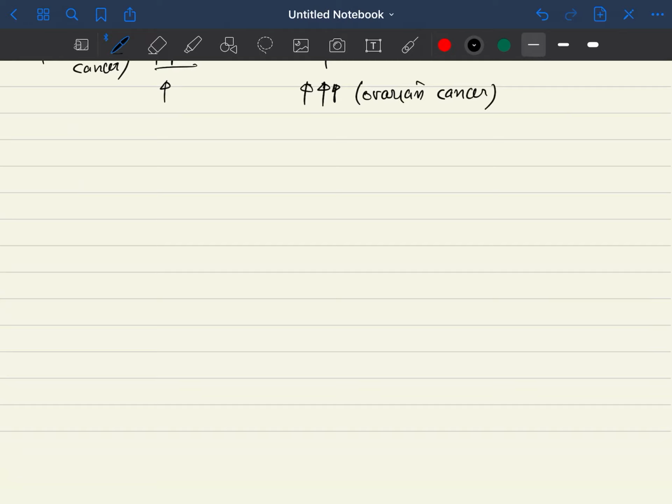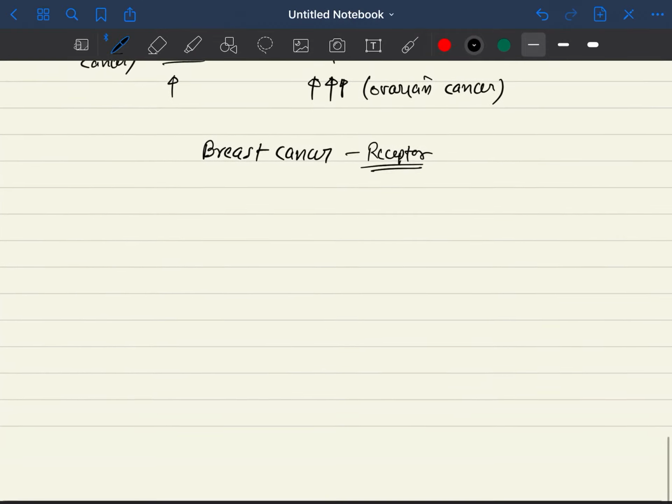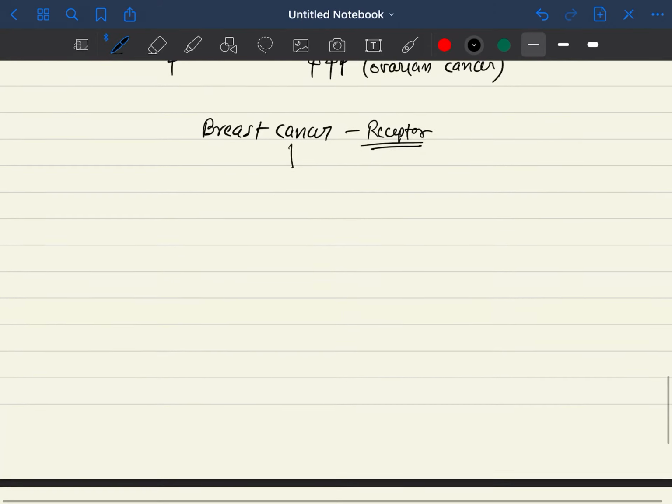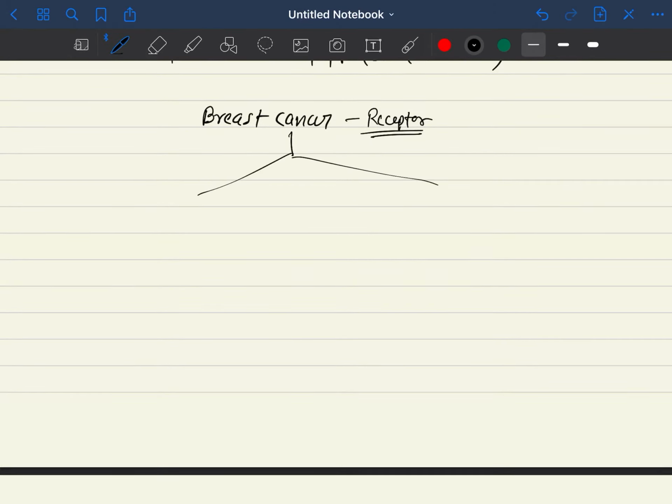Sorry, now we will read about breast cancer in detail. We'll read about the receptors first. If we do immunohistochemistry, we will find there are two types of receptor.